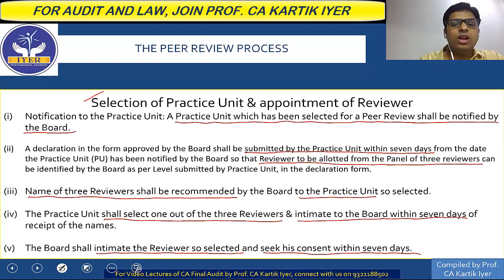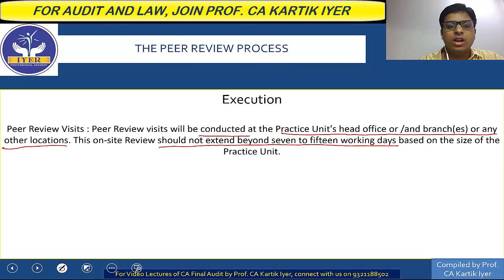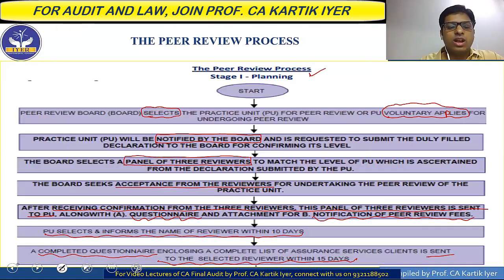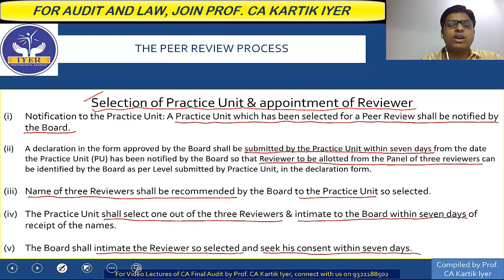Now see, the peer review process is divided into several parts. First is called selection of practice unit and appointment of the reviewer. The second deals with planning. The third deals with execution. And the fourth deals with reporting. In relation to reporting, there are no changes. However, in relation to selection, there are quite a few changes which have been provided here.